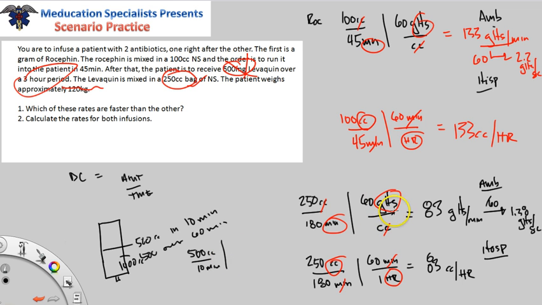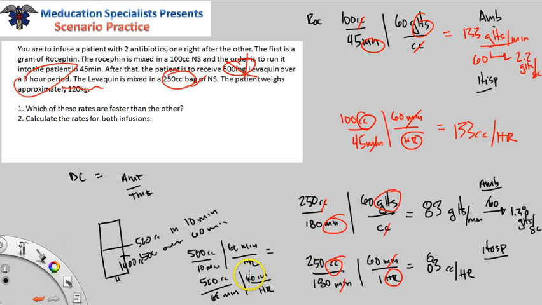And then whichever you want. If you want to do it in drops per minute or cc's an hour, just choose. So in this case, let's just do cc's per hour, so that'd be 60 minutes in 1 hour, and then the last one would be 500 cc's over 60 minutes, with 60 minutes per hour.